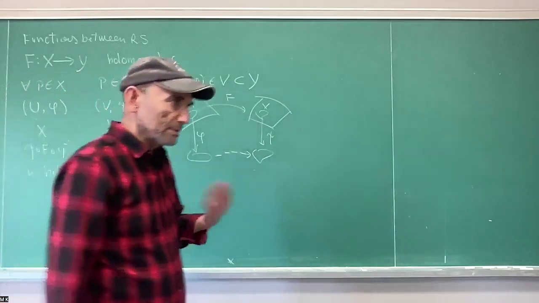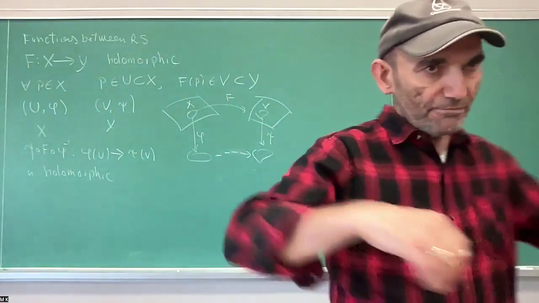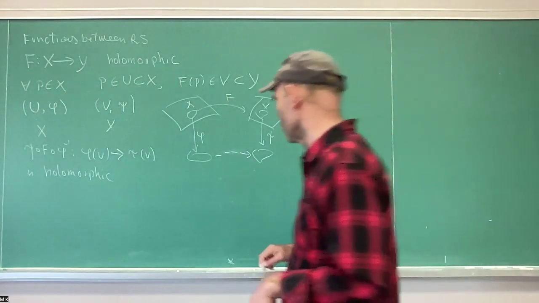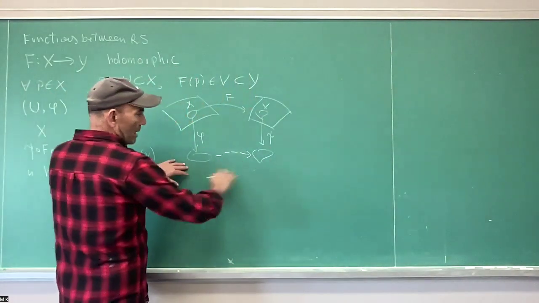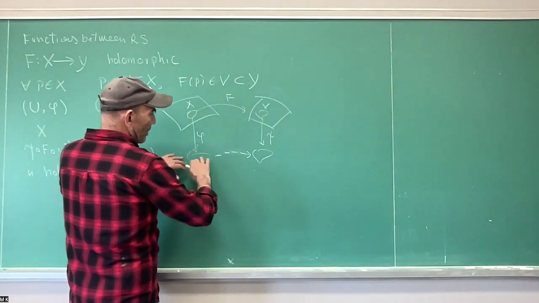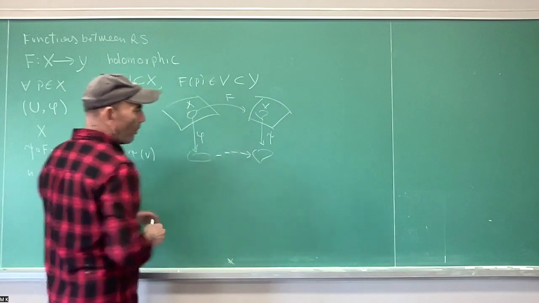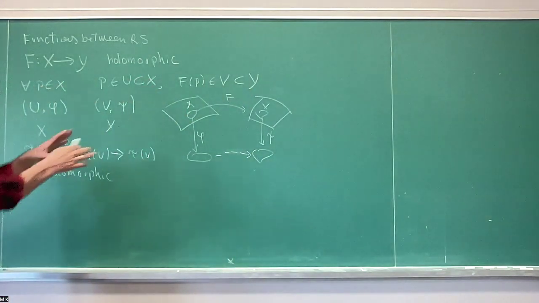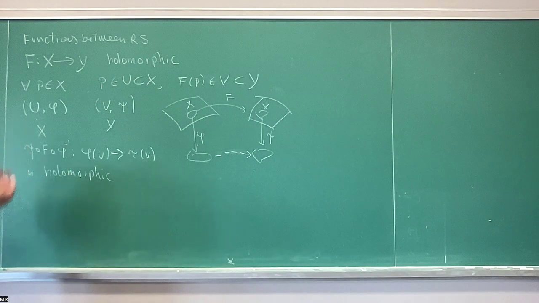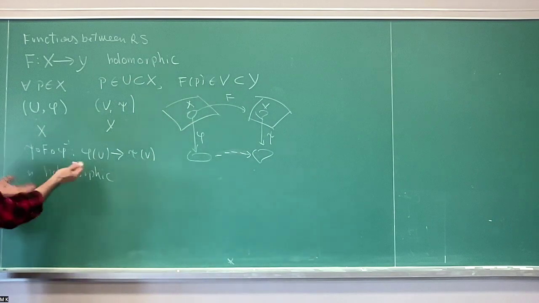So that's a condition. The situation is that if you come down to a map from some open subset of C to C, it should be a holomorphic map as we know it, for all coordinate charts.